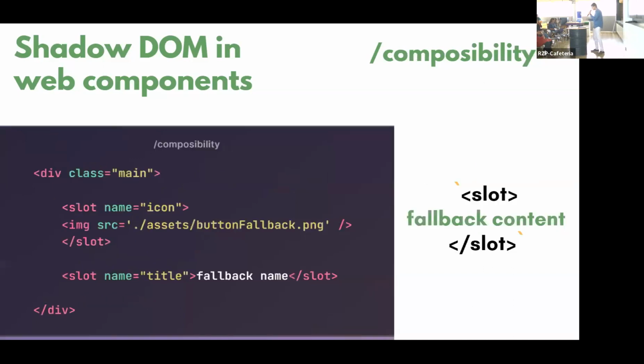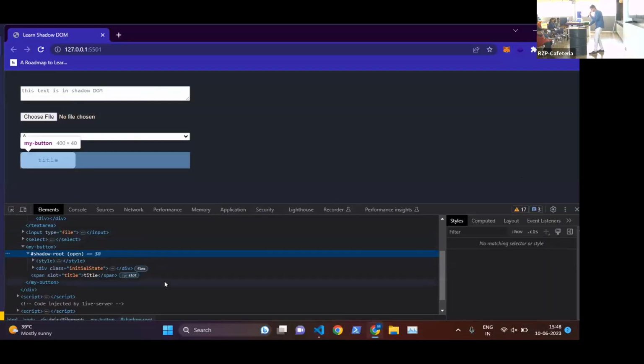That's where slots come in. Slots are the APIs that allow us to pass data into web components. Whenever you define a slot, it can have fallback content. Let's say you don't pass anything in the button, but it can still represent something. So now moving on.